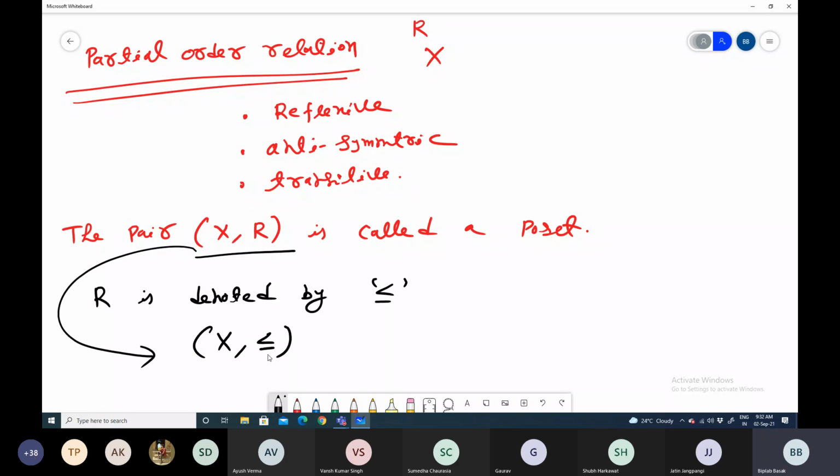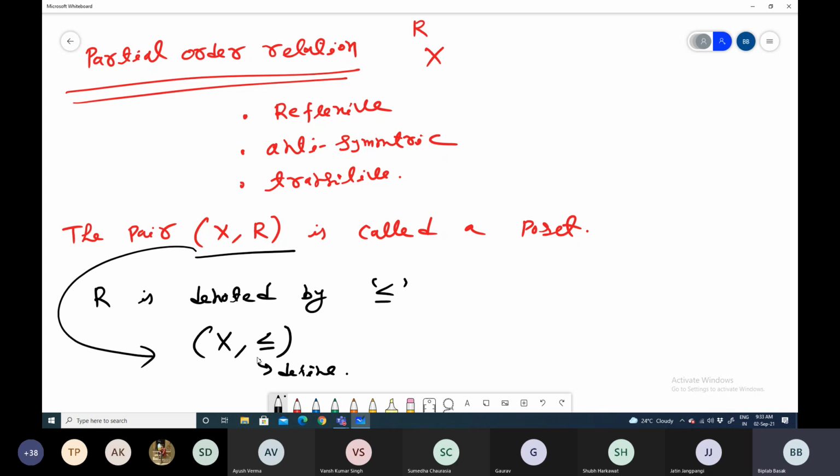By this relation it does not mean that it is the usual less than or equal to. We define this in our own way, right? So it is not the usual less than or equal. It is just a symbol.